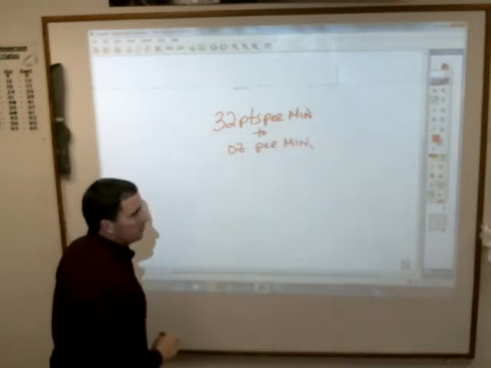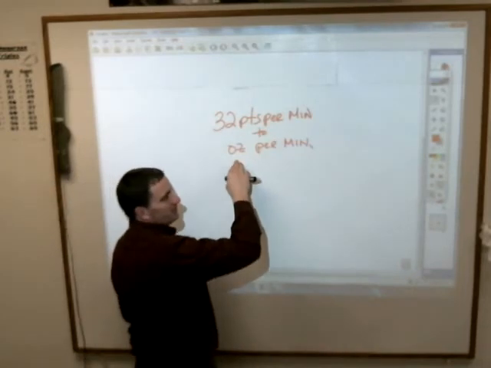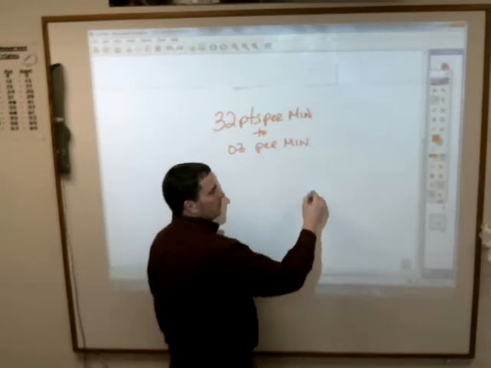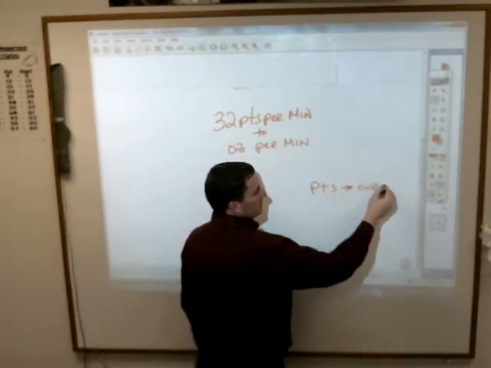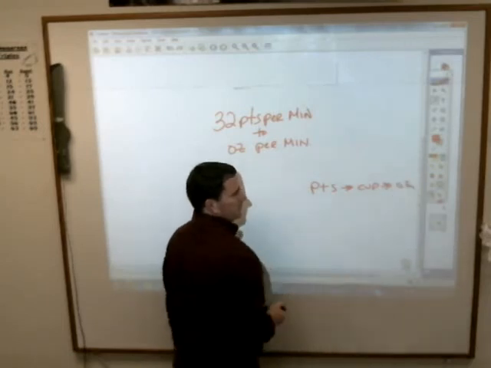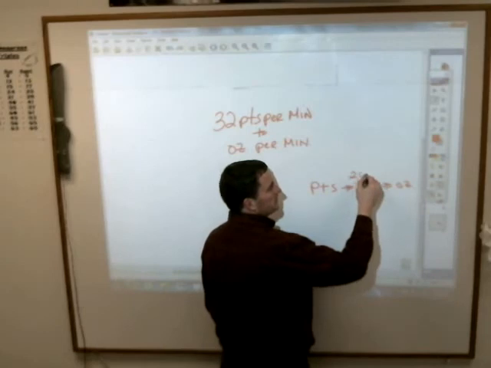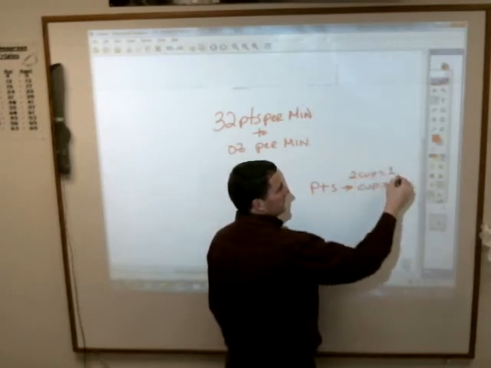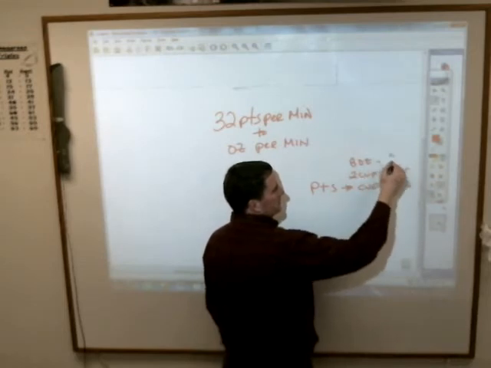You would have to know that if I'm going from pints down to ounces, you'd have to go from pints to cups to ounces. In which case you would know that 2 cups equals 1 pint and 8 ounces equals 1 cup.